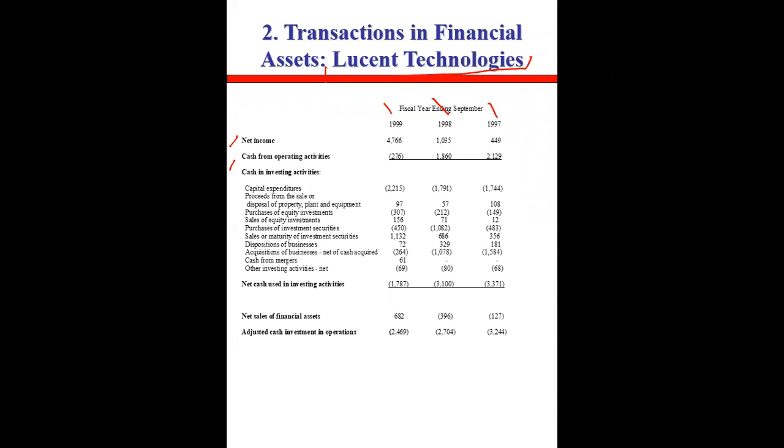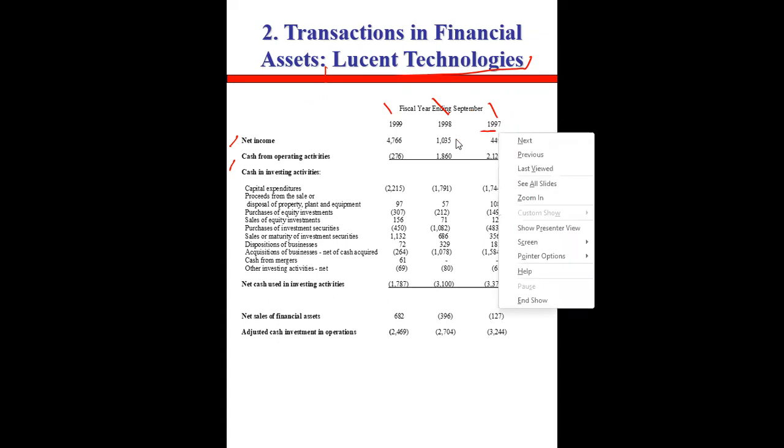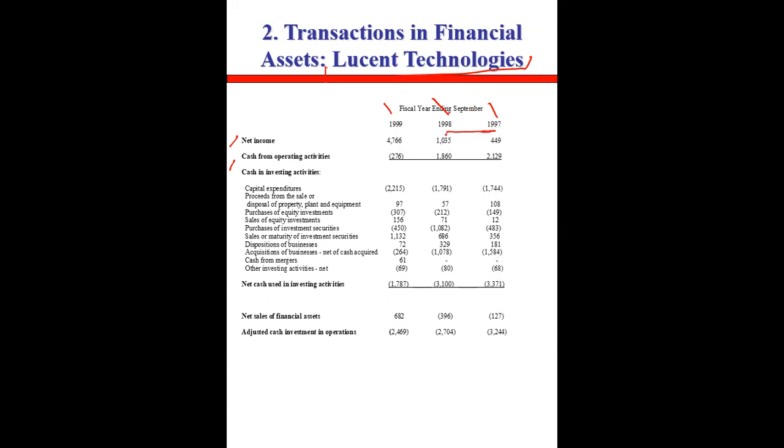Now, this is a good thing. Over time, this company is experiencing higher net income. You see, the 1999 net income is at least 3 times greater than the 1998 net income.